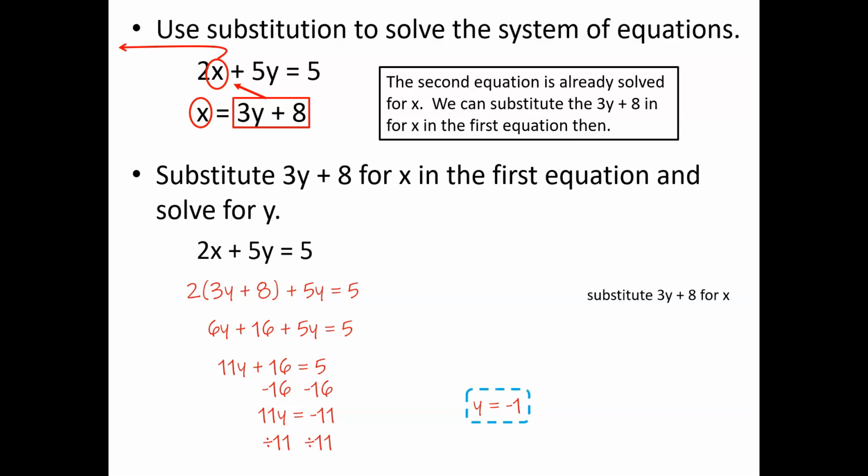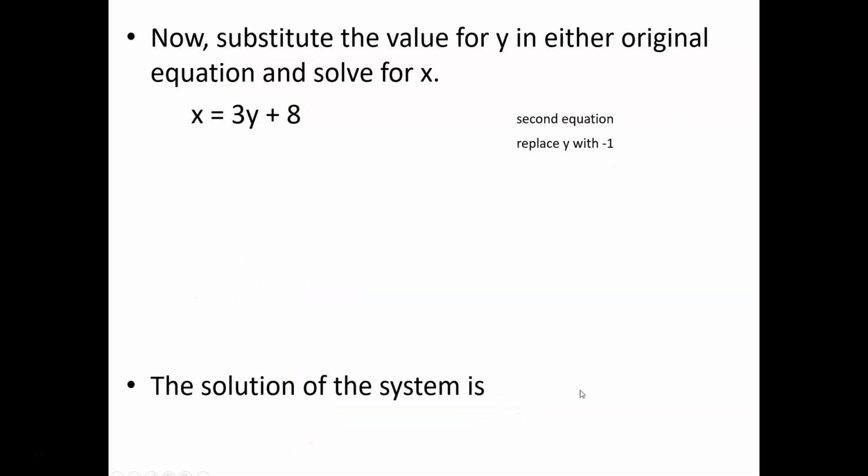There you go. We're halfway there. We have gotten rid of the strawberry, put in the vitamin C pill, and gone about our day. Moving on, we can take that value of y, that negative 1, and you can put it in either equation, but I like this one because we can just stick it in right here, and then you can throw that in the calculator or do it by hand, and you get x equals 5.